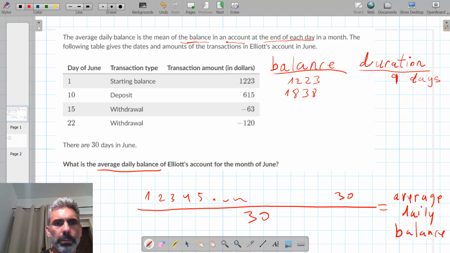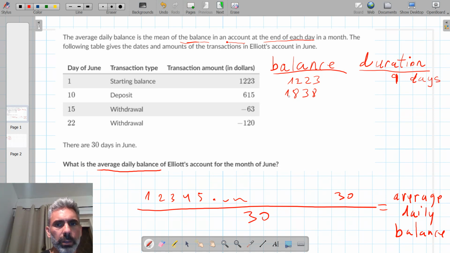And this balance stayed the same for a duration of 4 days, from June 10th until June 14, because on June 15 the balance has changed.